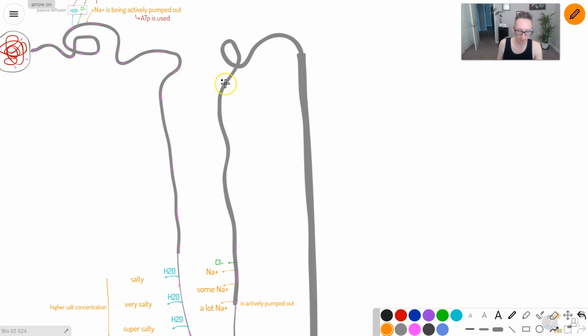And so we have a lot more salt pumped out. A lot of water now in this distal tubule. It's actively pumped out.